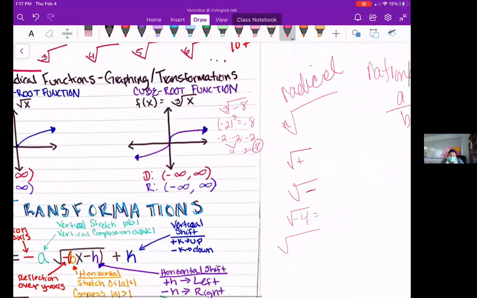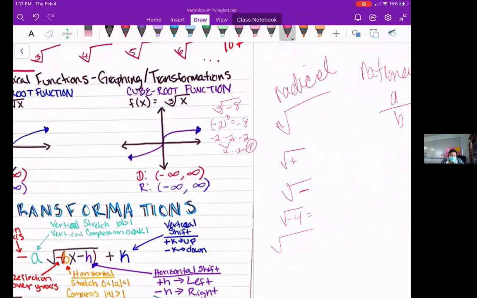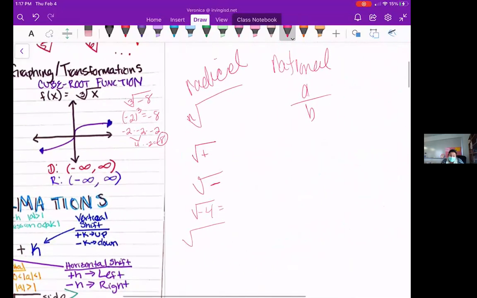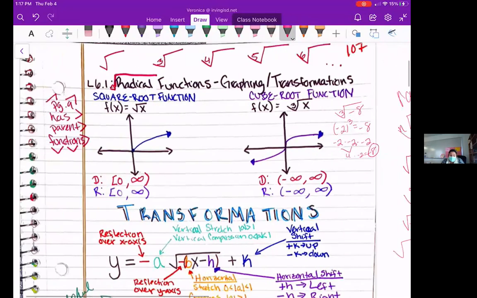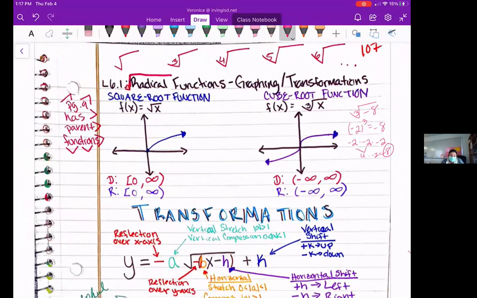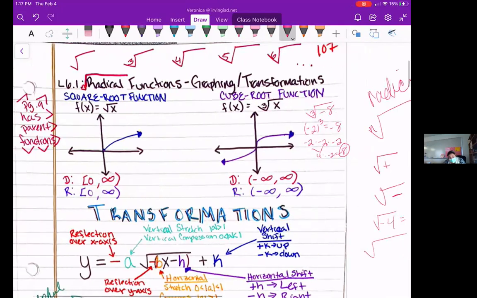So, a radical is basically that little symbol that looks like a house, and a rational is a fraction. For a square root function, your domain starts at 0 as well as your range, because we cannot take square roots of negative numbers. That's not possible, right?